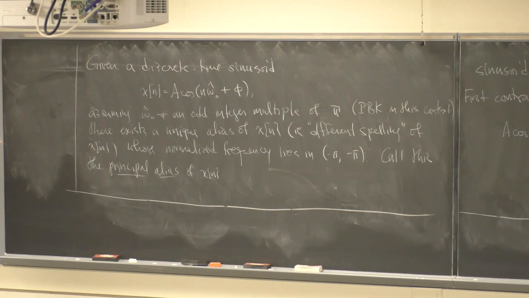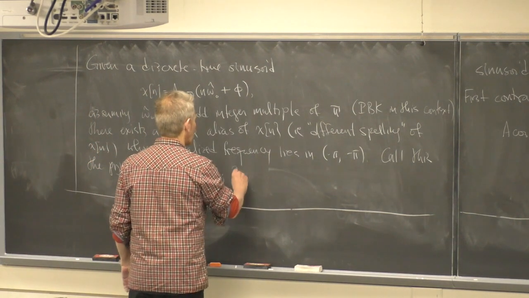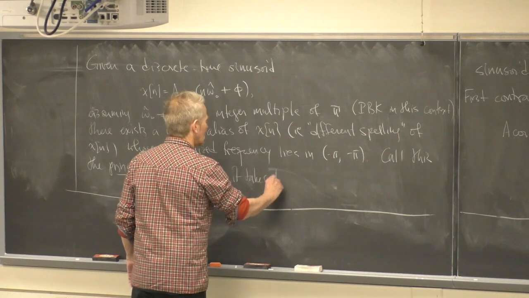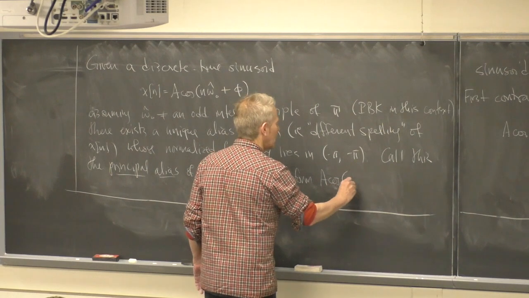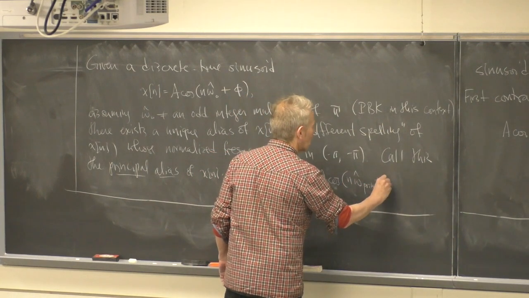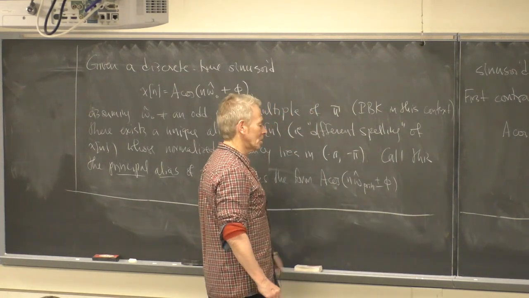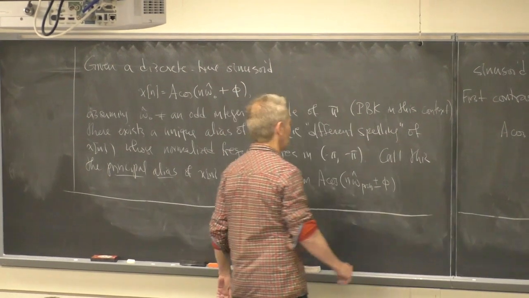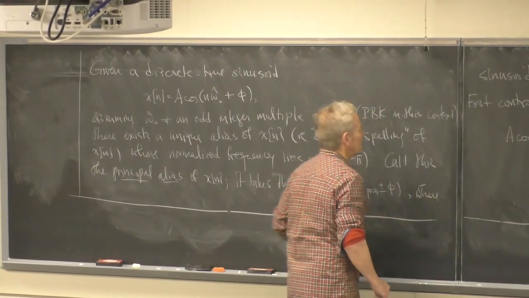It's just a different way of spelling x of n. The principal alias of x of n takes the form a cos n omega hat prin plus or minus phi. And you'll see where the plus or minus gets decided, as you won't be surprised, I don't think. And the omega hat prin is between minus pi and pi, not including the endpoints.